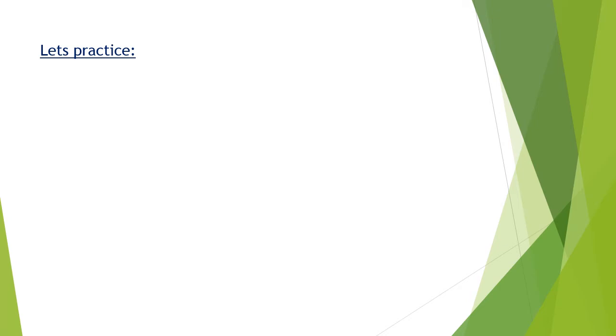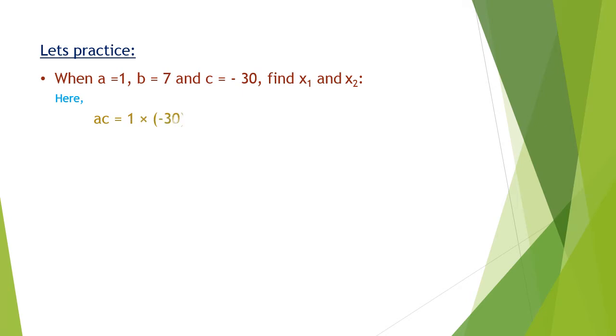Let's practice another question also. Now we have the values of A, B and C. The first thing we have to do is find the product of A and C. AC is equal to 1 into 30, which is negative 30. That is negative.